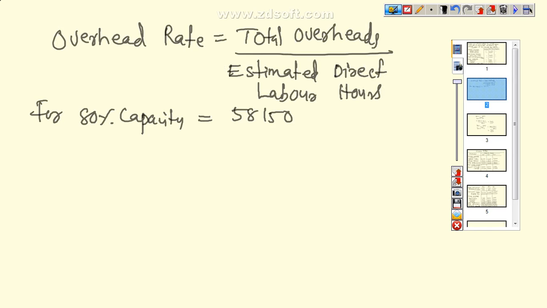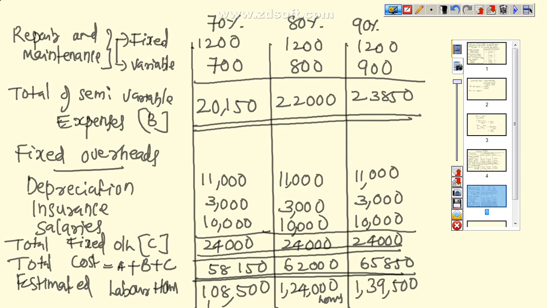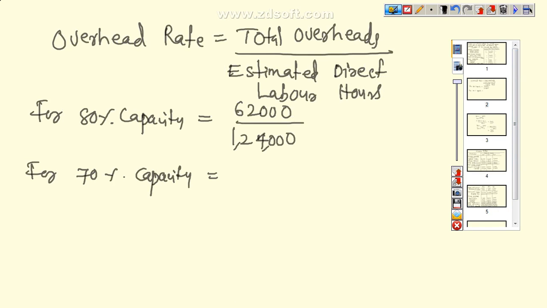So here we write 62,000 upon estimated direct labor hours 1,24,000 hours, and for 70% capacity, that is equal to 58,150 upon 1,08,500.